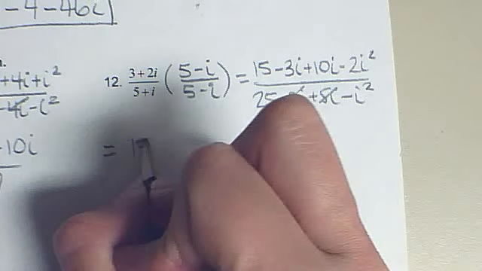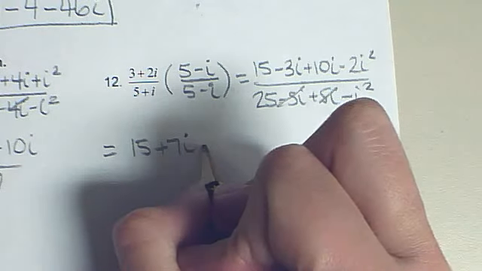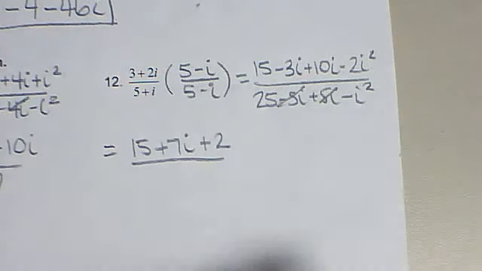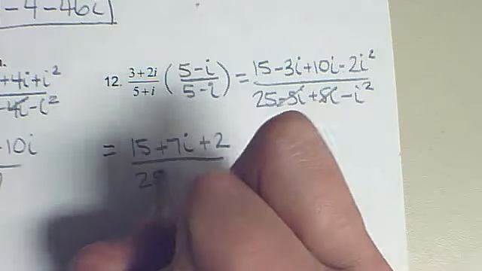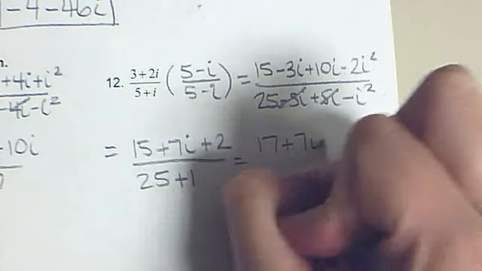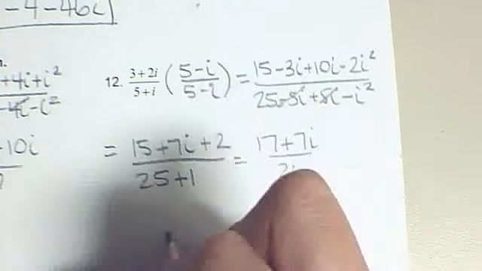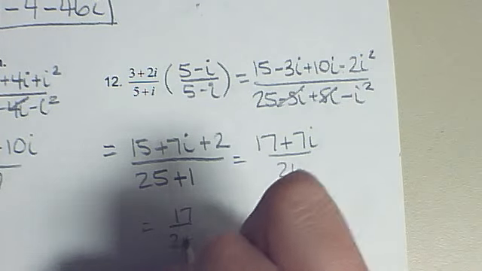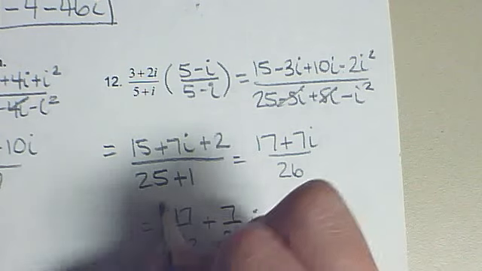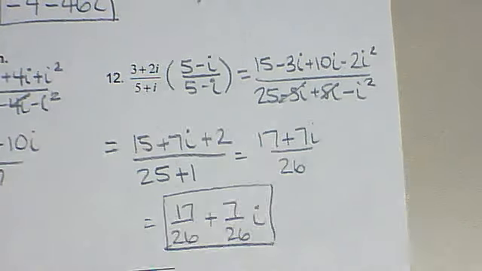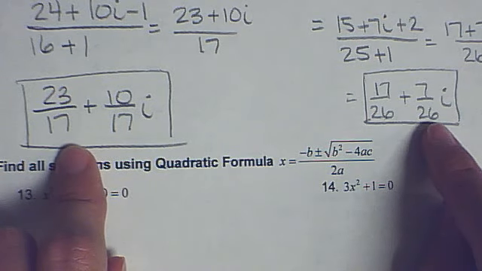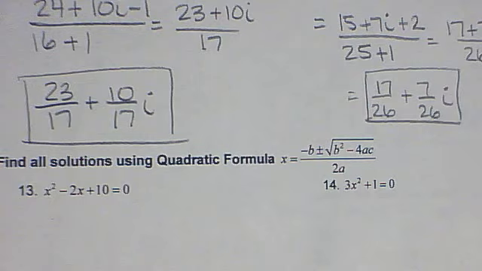On the top, I've got 15 plus 7i plus 2, because the negative flips the sign of the i squared, and 25 plus 1. So we've got 17 plus 7i over 26, and my final answer is 17 over 26 plus 7 over 26i. Remember, on things like 11 and 12, if these were values that could reduce, you would reduce them. But I can't on this one, so I'm not worried about it.